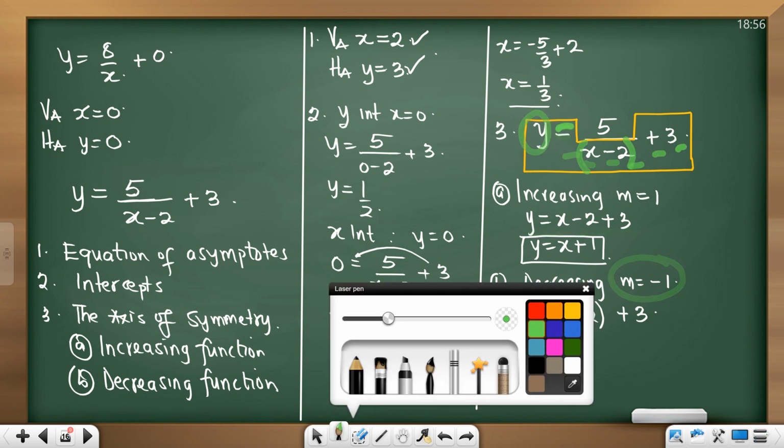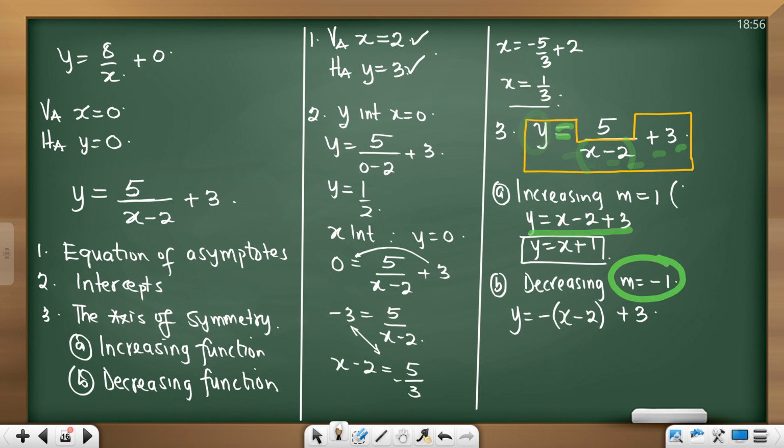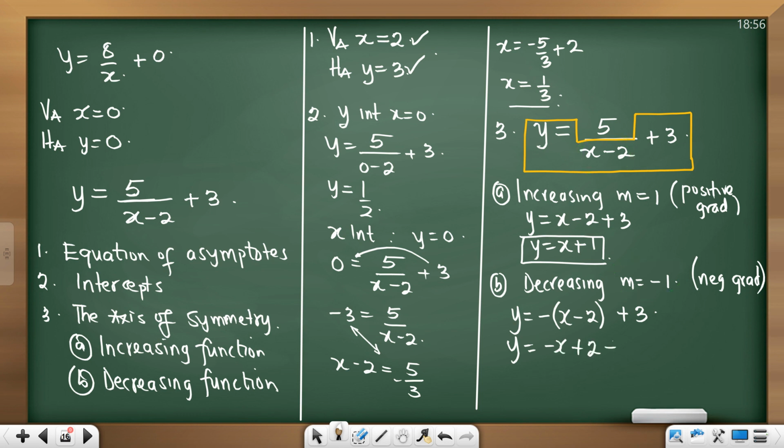And now I'll simplify. So take note, this one means a positive gradient. The examiner can use any of the languages, positive gradient. So take note of the different languages. Positive gradient. And here, negative gradient. Let's simplify. Negative x plus 2 plus 3.